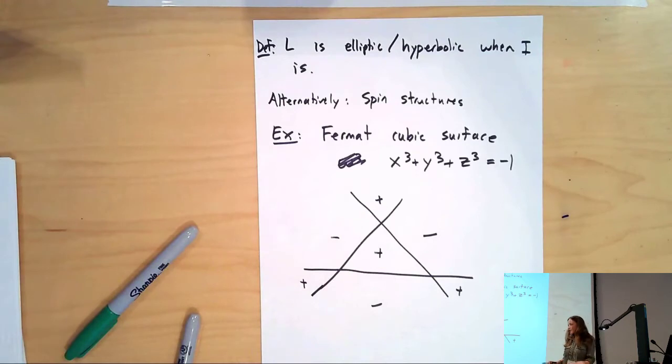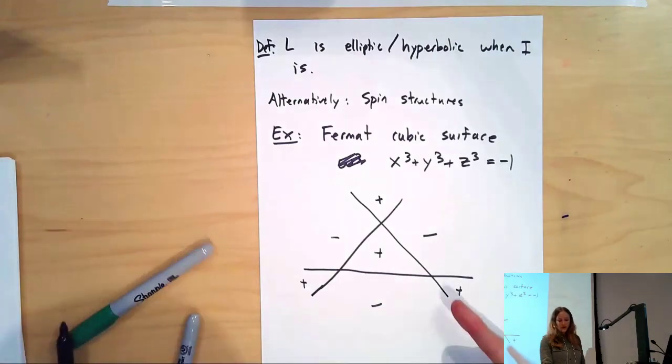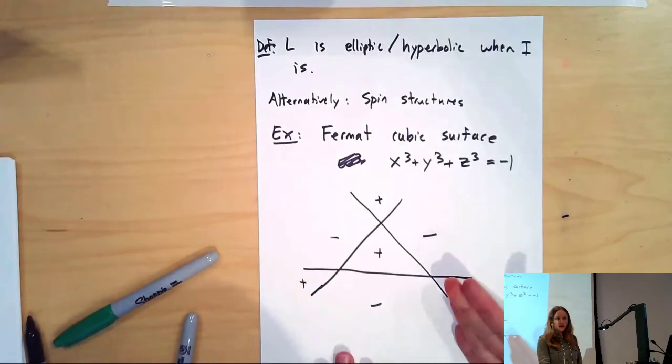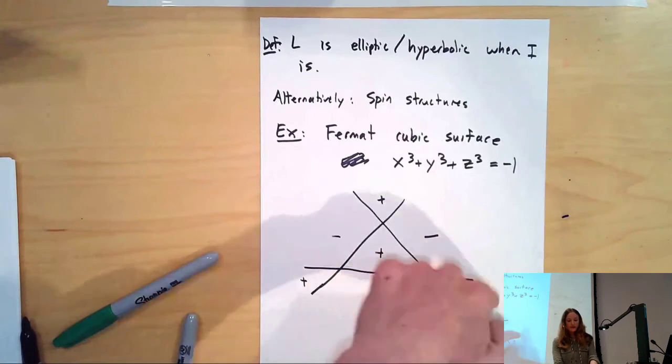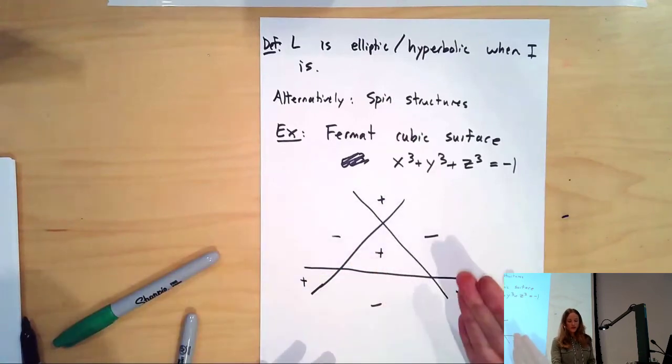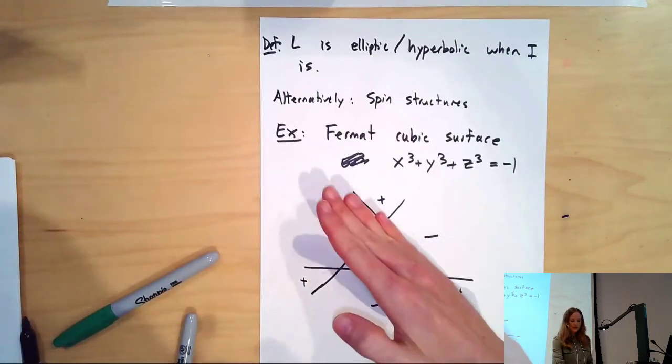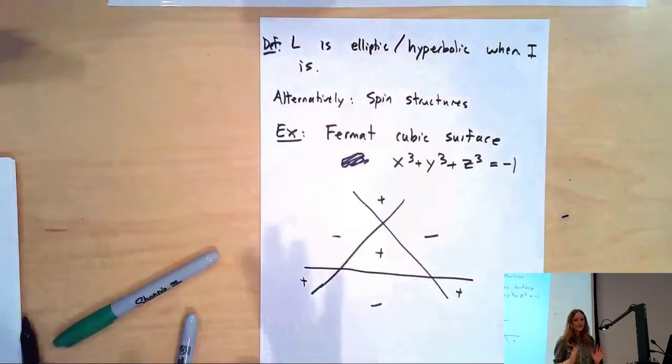Okay, so we can actually then do this finger trick. We put our finger along this line, and because this is down and this is up, our finger goes like this, and then we go along like this, and then we go along like that.